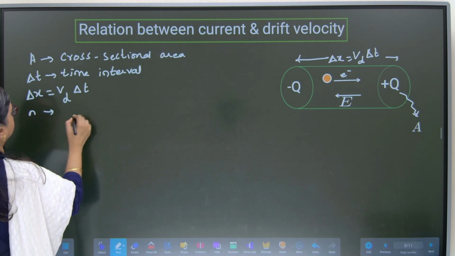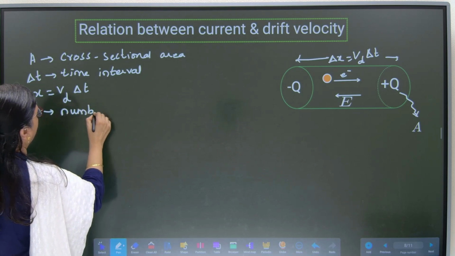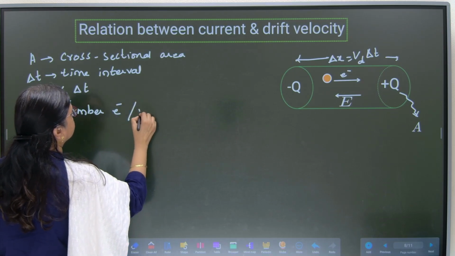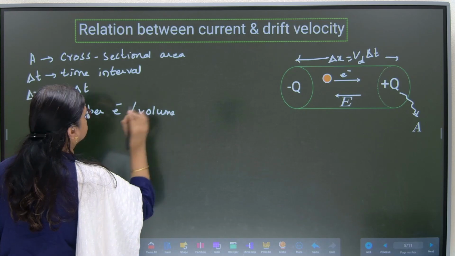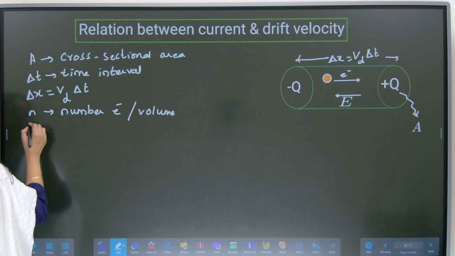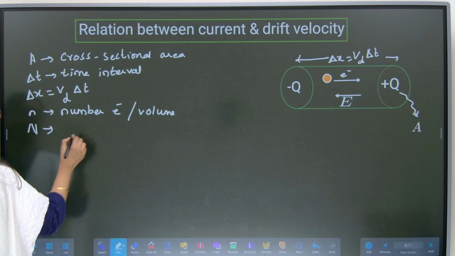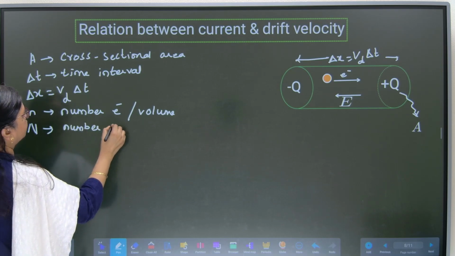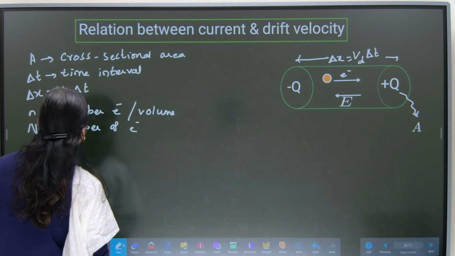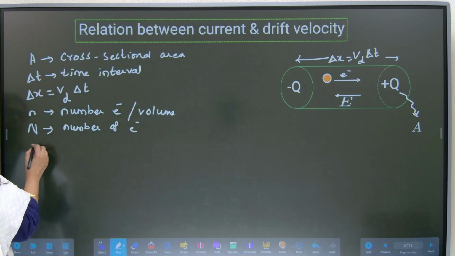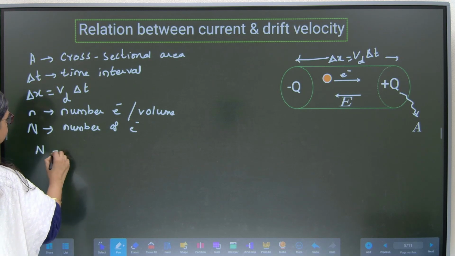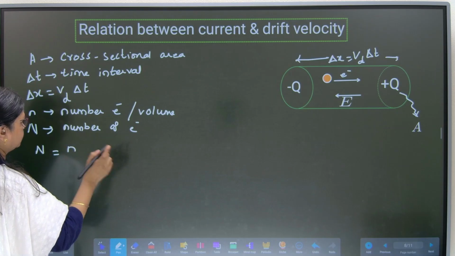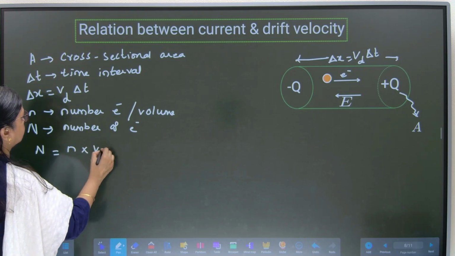Okay. Now, let n be the number of electrons per unit volume. Therefore, we have N is equal to the number of electrons per unit volume of the metal multiplied by the volume.